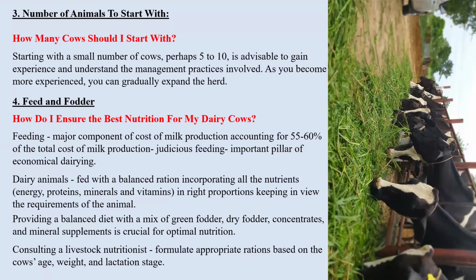Providing a balanced diet with a mix of green fodder, dry fodder, concentrates, and also some mineral supplements is optimum nutrition for a healthy milk animal. Before giving feed or fodder to any animal, you can consult a livestock nutritionist to formulate the appropriate ratios of feed and fodder on a dry matter basis.